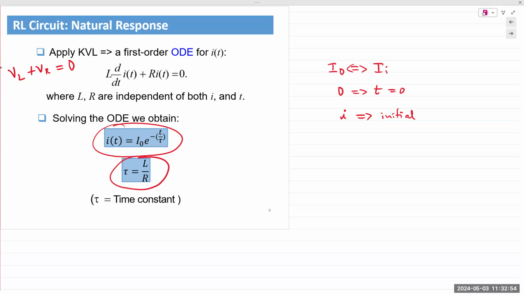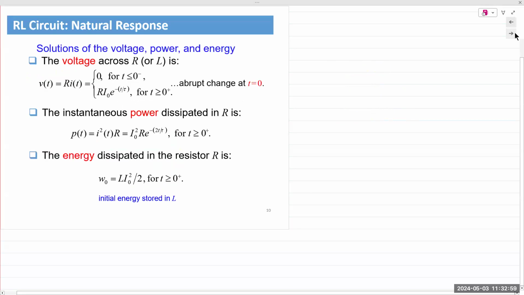Once you have this current equation, you can determine the voltage from Ohm's law. You have I of t. You can find V of t simply by multiplying with the resistance R. Power is V times I. You plug into the equation, it's I squared times R. So again, I squared times R. And the total energy dissipated in the resistor has to equal the total energy that was stored in that inductor.